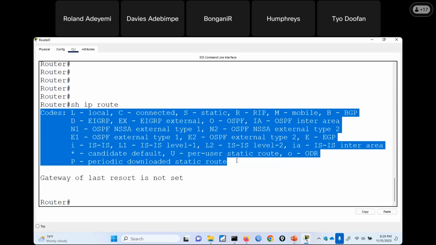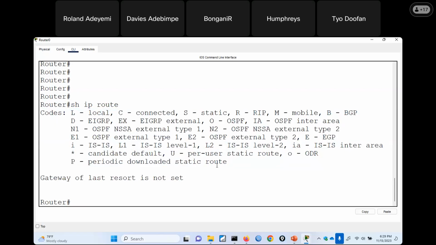And what are these codes for? It's basically to give you an idea of how the router learns the routing table, how it built the routing table, or what it used to build the routing table. For instance, if you see S in the routing table, it simply means the router got to know about that network through a static route.